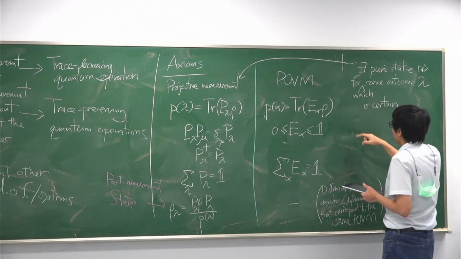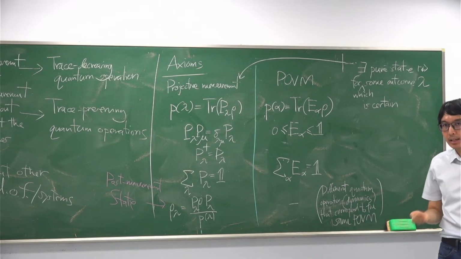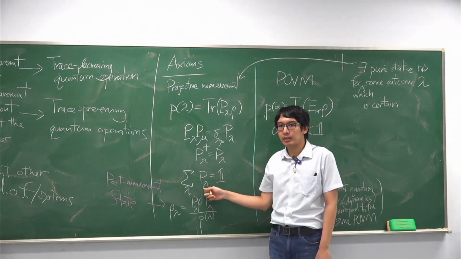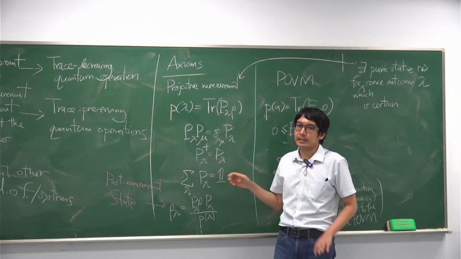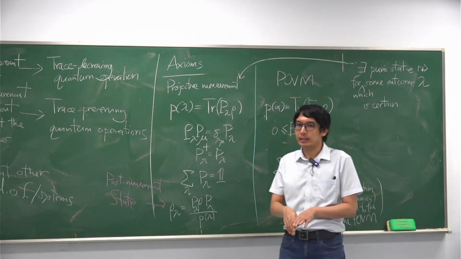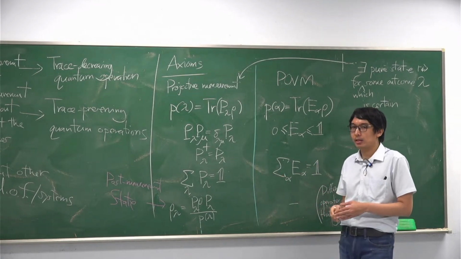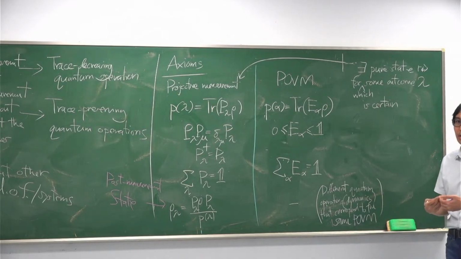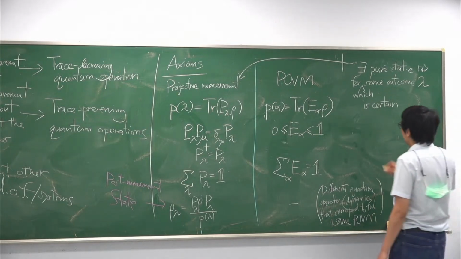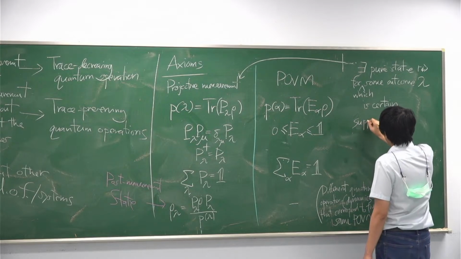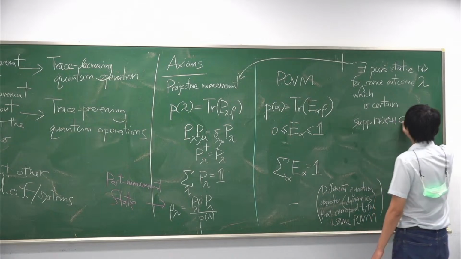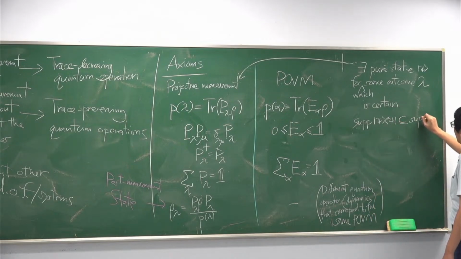By that, what I mean is that if I fix a particular lambda here, since it's a projector, I can find a state psi in the subspace that I project onto, right? And then if I make that measurement on the state psi, I will always get the same outcome, which is that lambda. So mathematically, this psi is any state such that its support is within the support of that projector, right?